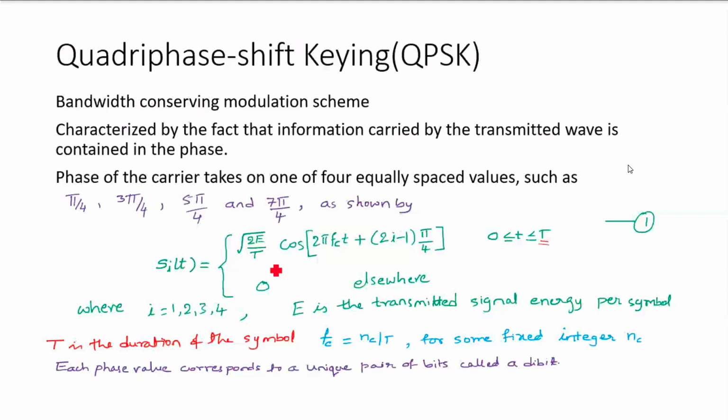Did you not try to find out in BPSK how many basis functions you have? Tell me, in BPSK how many basis functions do you have?